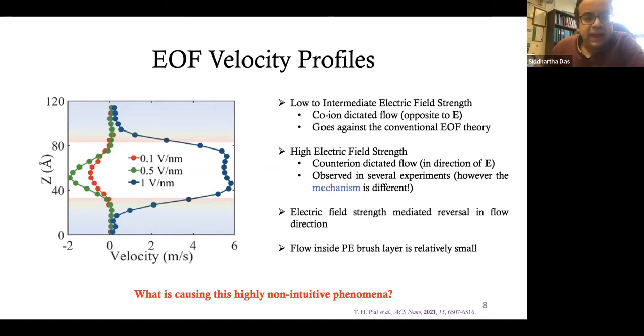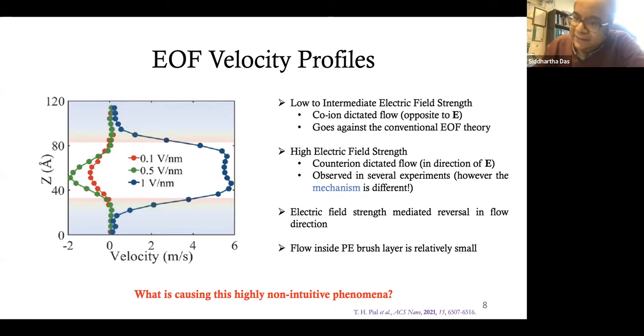Here we find that for low to intermediate electric field strength, it is a co-ion dominated phenomenon. On the contrary, for a large electric field, 1 volt per nanometer, it is the standard counter-ion dominated phenomenon.